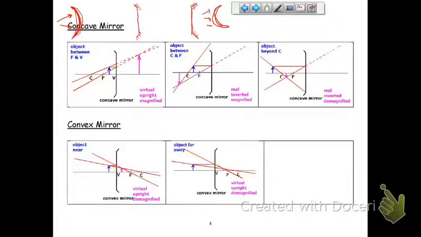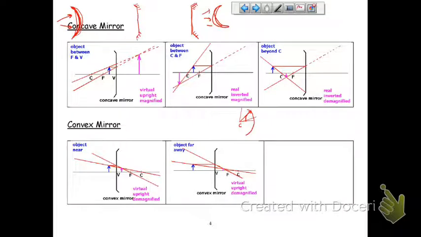Now, this is where this diagram runs into a bit of a problem. If I have a mirror and I truly have it as a radius, and I take a ray which goes from the top of the object to the mirror and hits the mirror at 90 degrees, it's on a radius, and so it bounces back through the center of curvature.